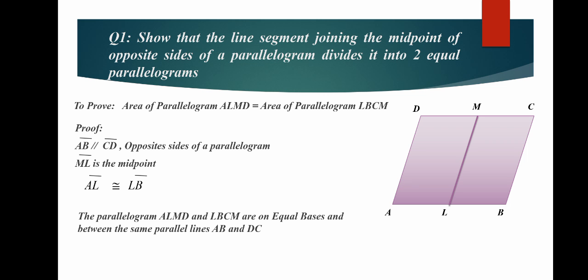So here these two properties are there, equal bases and the same parallel lines, so they are equal. Therefore they are equal in area. Hence area of parallelogram ALMD equals area of parallelogram LBCM.